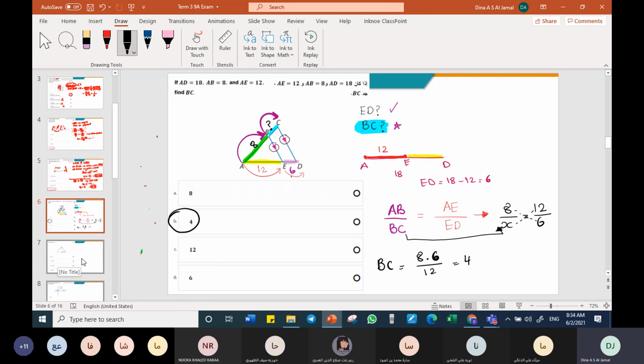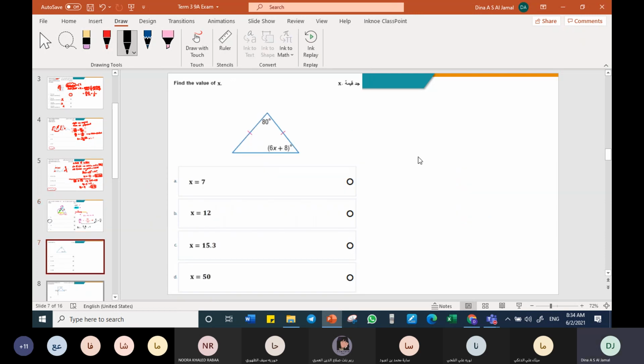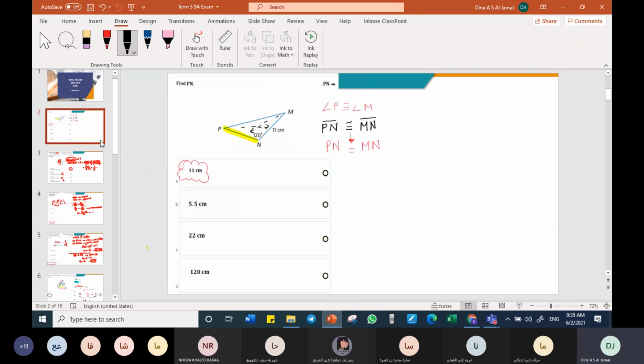Now let's go to the other question and let's pay attention to this. Now remember the first question which we started with. I was given angles are congruent. Then I understood that the sides are congruent, which is the converse, as I said before, the converse of the isosceles theorem.